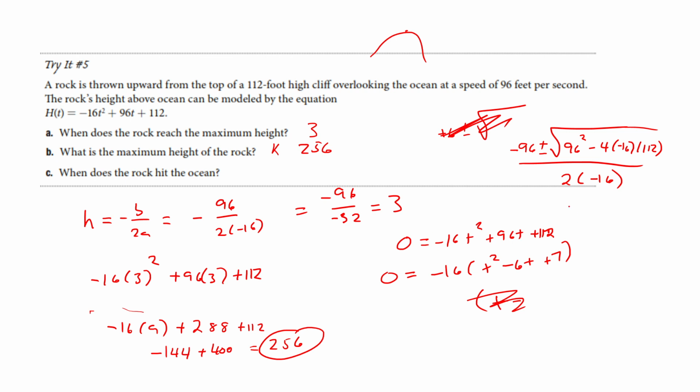Okay, if I've done this right so far, I've got this. All of that turns out to be a nice number. So I've got negative 96 plus or minus 128 all over negative 32. On the top here, we're going to add 128 and subtract it.